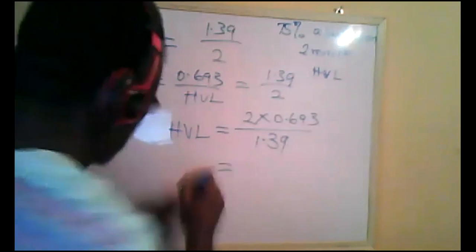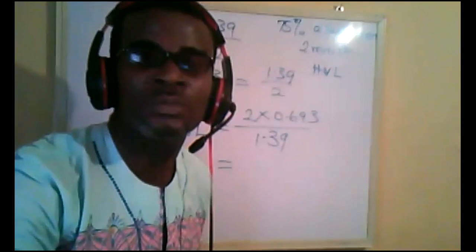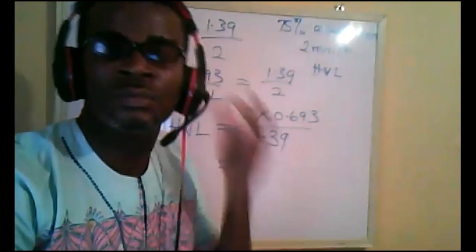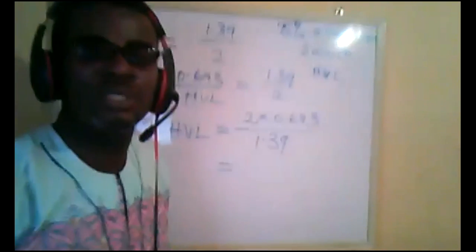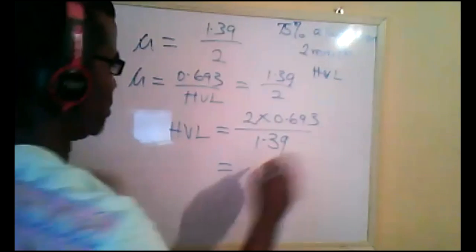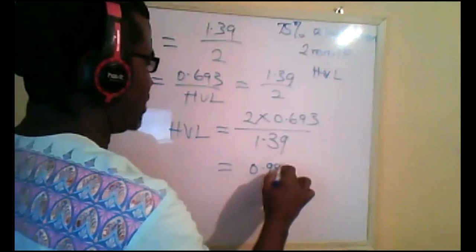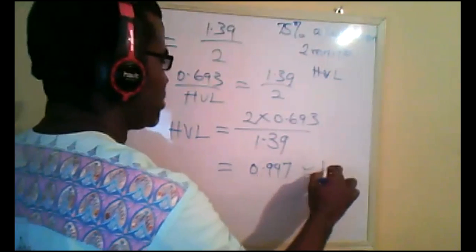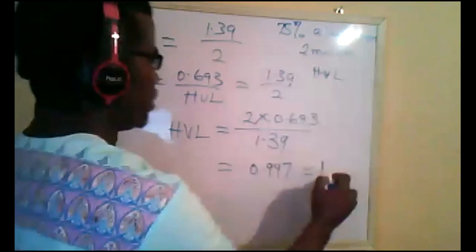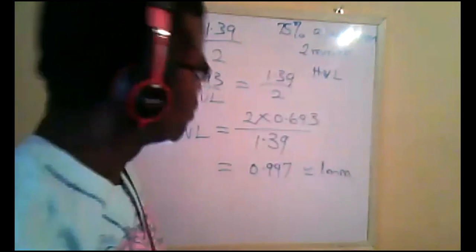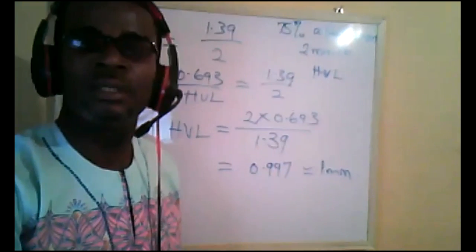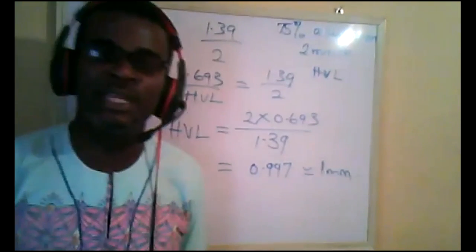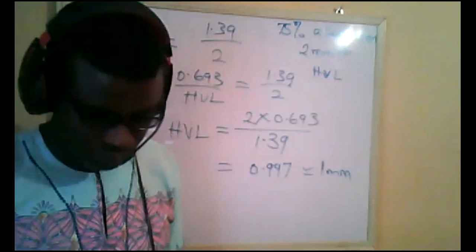So that gives us 0.997, which is approximately 1, and we're talking in millimeters. So the HVL is approximately 1 millimeter of lead.